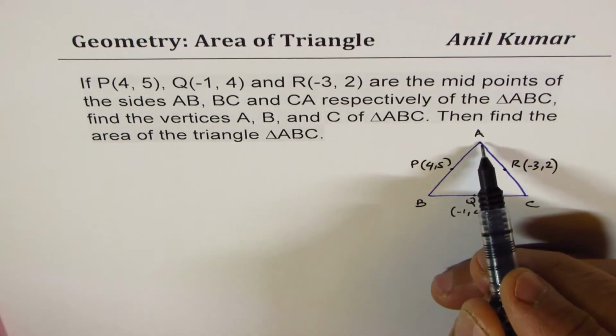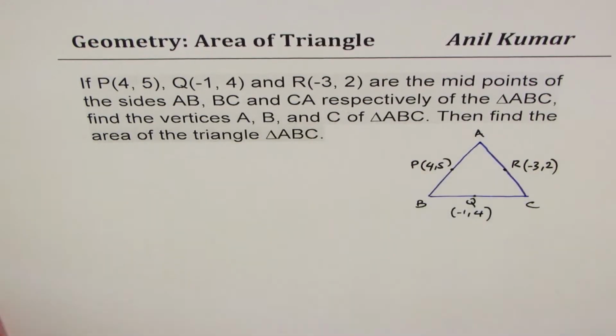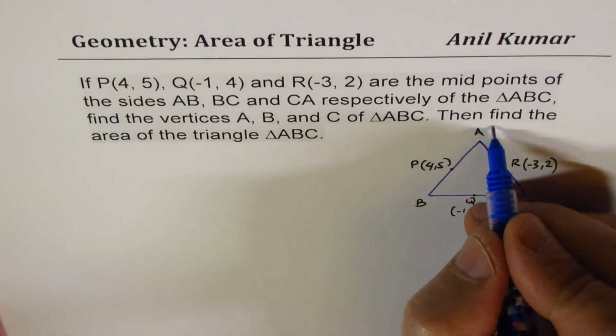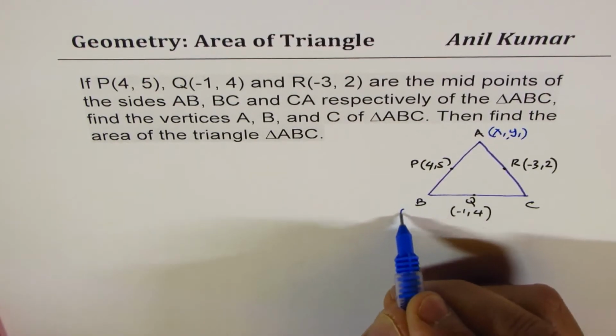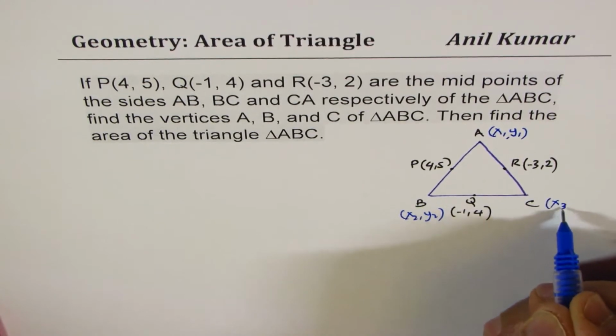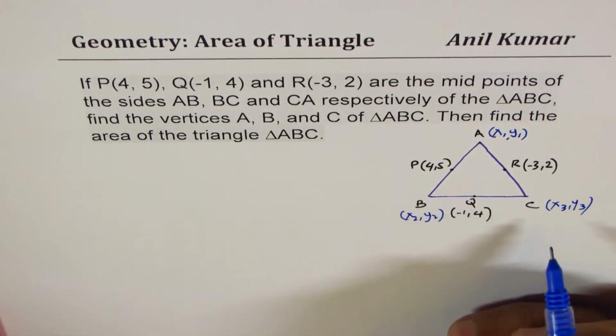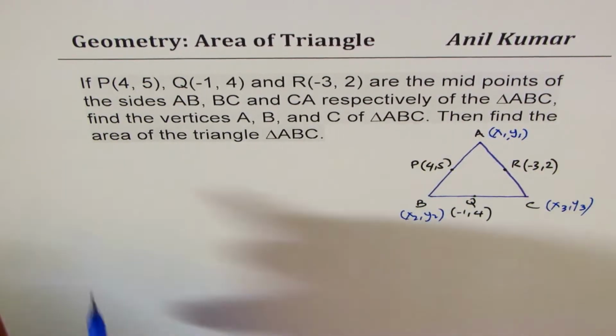Now the first step, we have to find A, B, C. So we can say, well, A could be (x1, y1), B, let's take (x2, y2), C as (x3, y3). So the concept here is that the midpoint you can get by adding the coordinates.